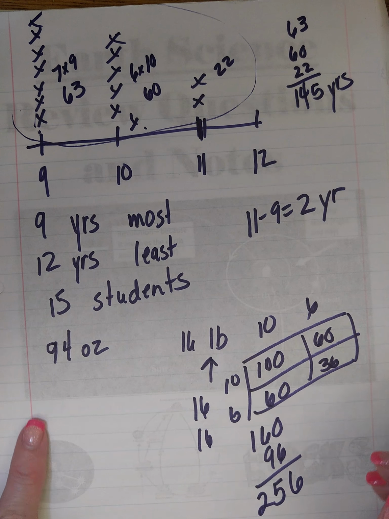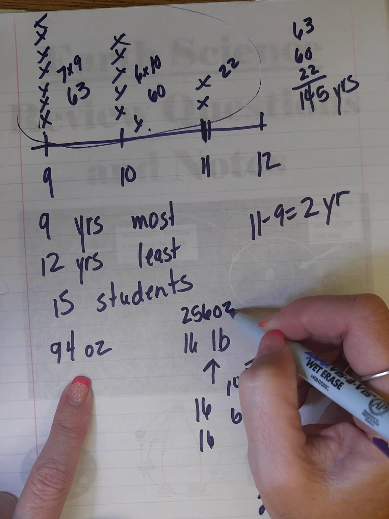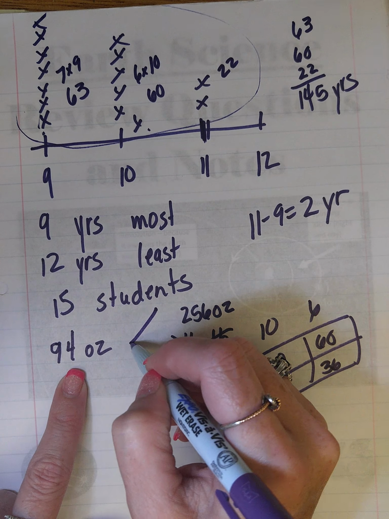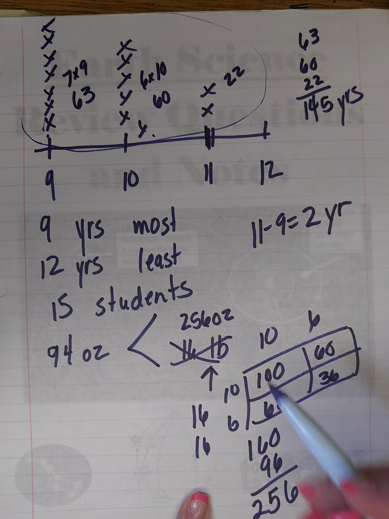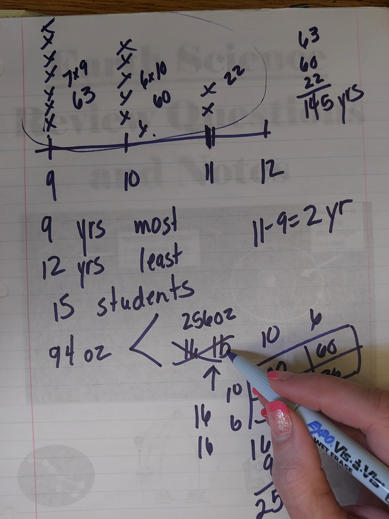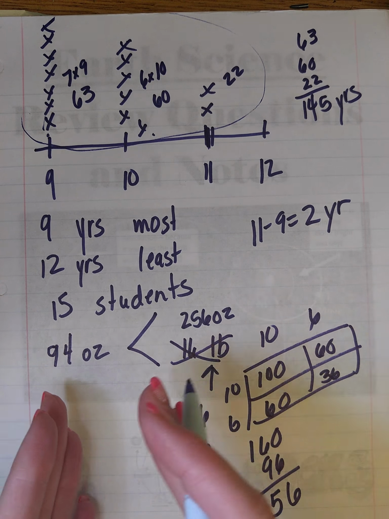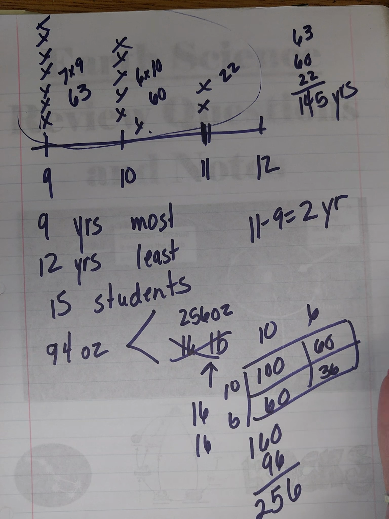That's 256. So 94 or 256 ounces, which is bigger? Well, 256. And you have to be able to explain how you did that. So you're going to need to be able to explain. I changed my pounds to ounces so I could compare like units. Once I did that, I looked for the number that was bigger, and the bigger number is the one that is greater. So you'd have to be able to explain to do that.